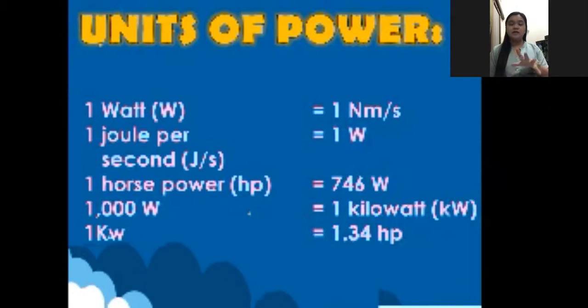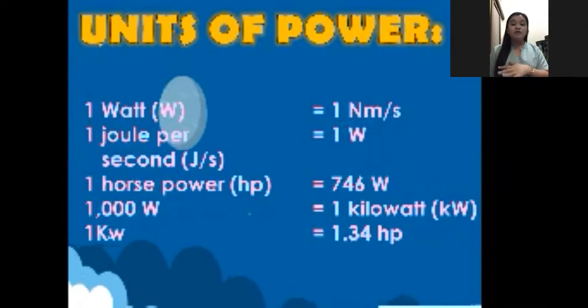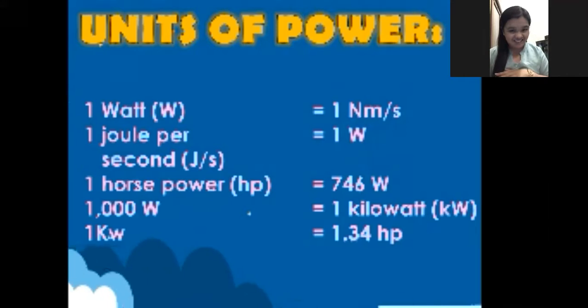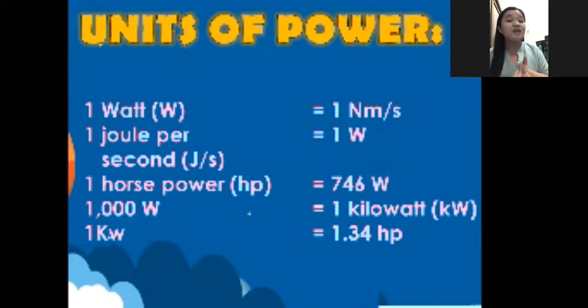Let's go to the next one. 1 horsepower is equal to 746 watts. Again, 1 horsepower is equal to 746 watts. Can you repeat that? 1 horsepower is equal to 746 watts. Good.